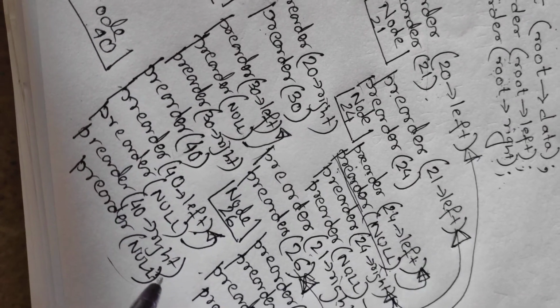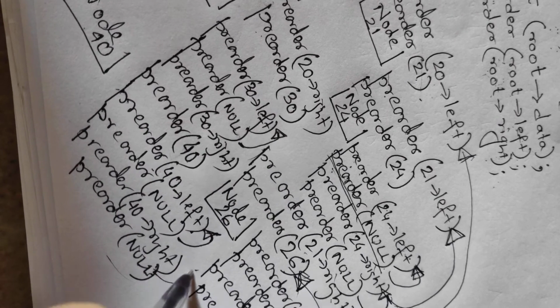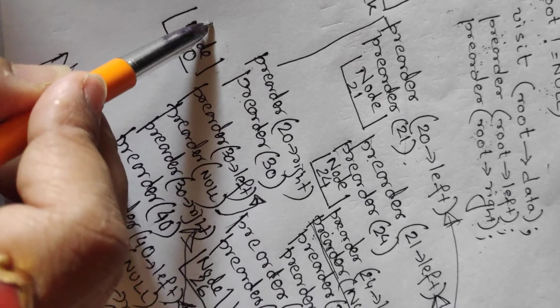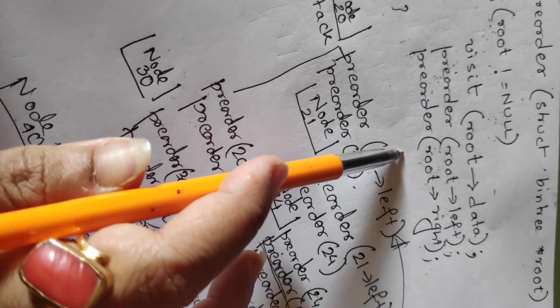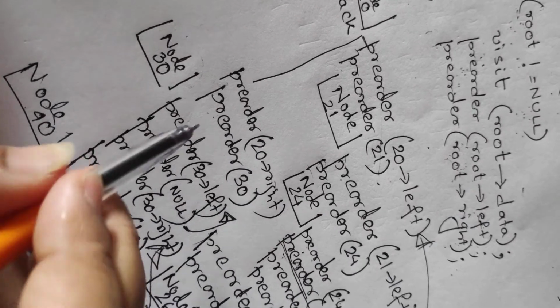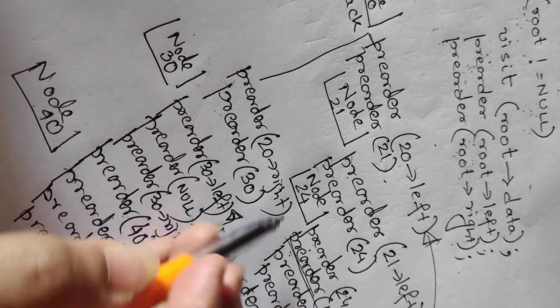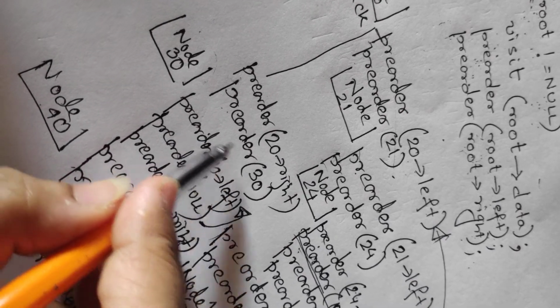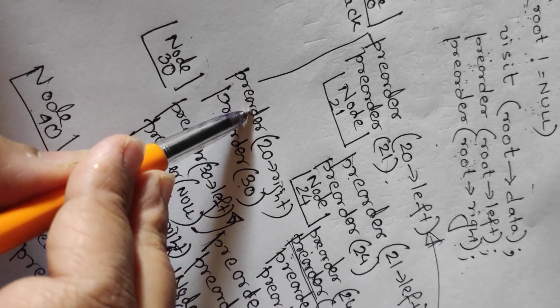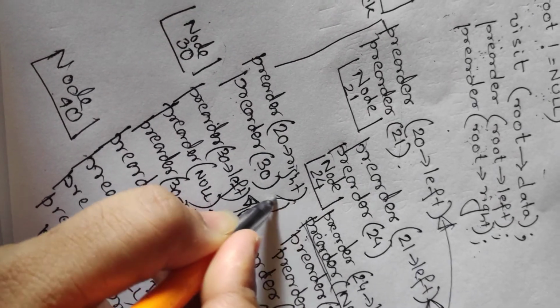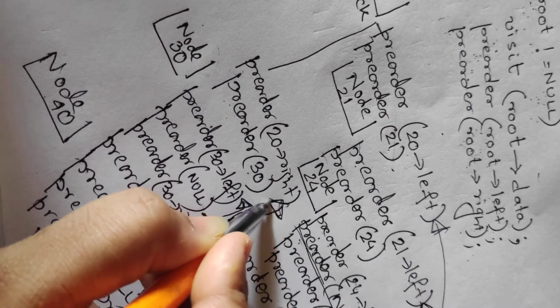So you go back. Where do you go back? From where you had called 30 right. You come back to the node 30. After 30 right, you are done with 30. So you go back from where we had called preorder 30, that is a call to preorder 20 right. So we go back to preorder 20 right.